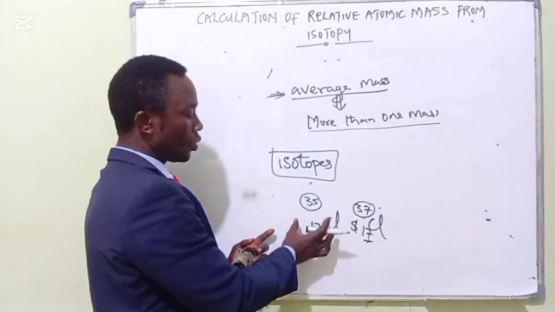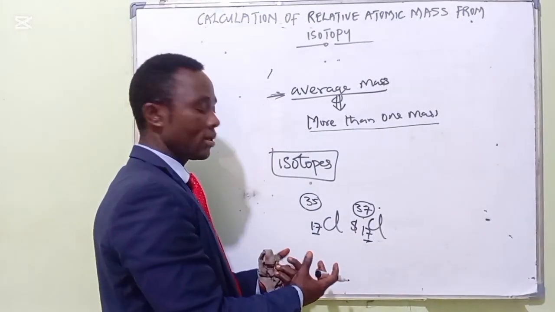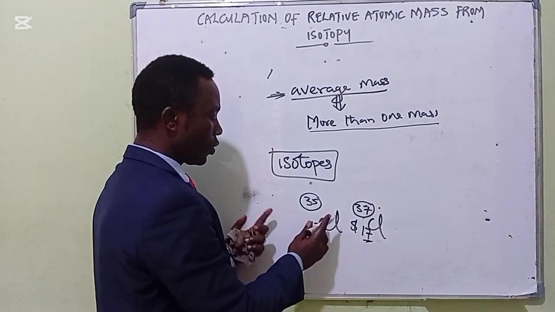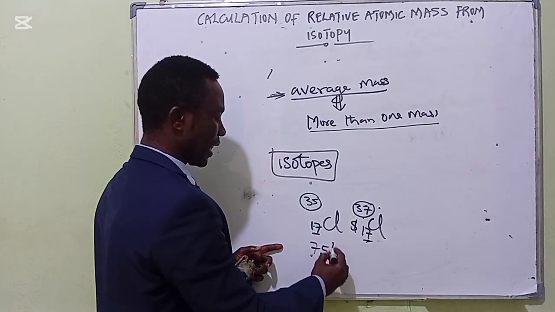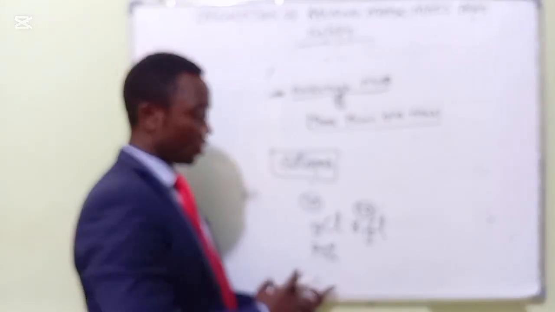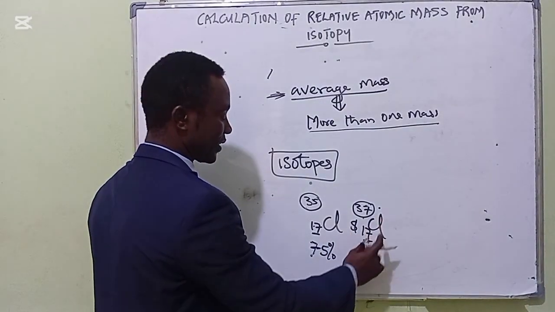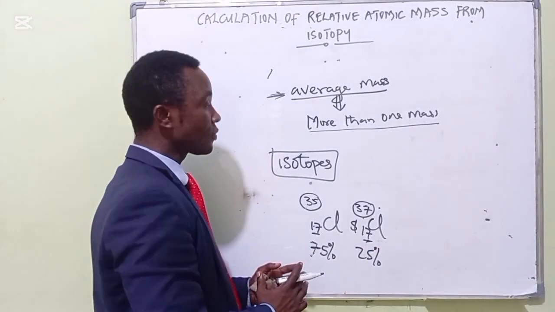So we say that chlorine 35 is more abundant than chlorine 37. Chlorine 35 is about 75% in abundance. We take abundance of elements in percentage, while chlorine 37 is 25% in abundance.